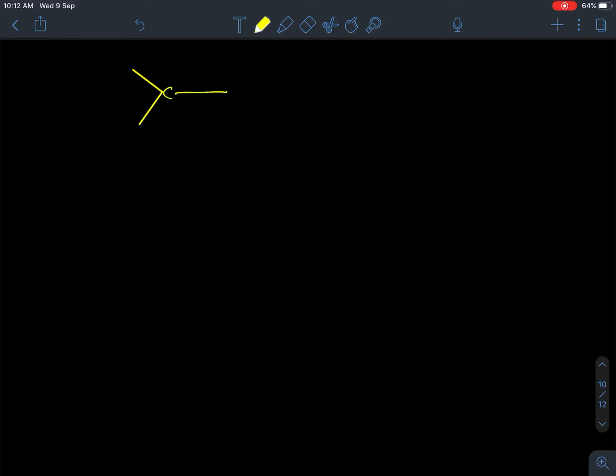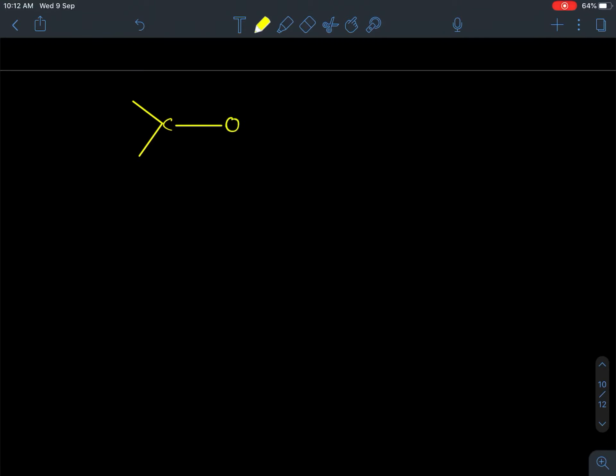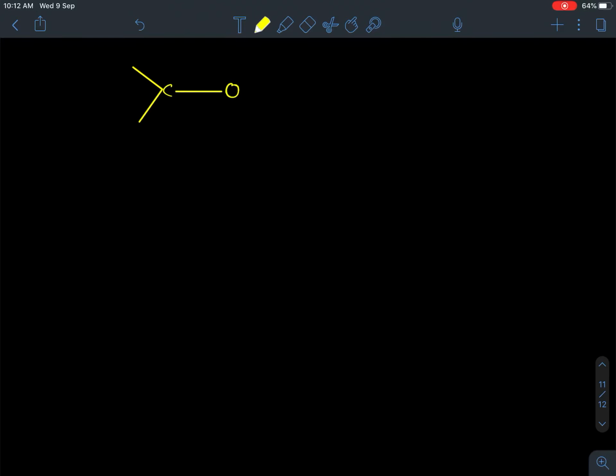So this is carbon, here we have oxygen. You know there is a pi bond, and wherever there is a pi there must be a pi star also, bonding and anti-bonding orbitals. If I show you the whole orbital structure, it will look like this.